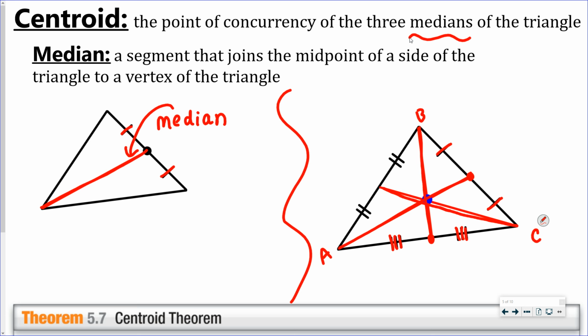From C to the midpoint, splits that side in half. Where those three medians intersect, that's called the centroid. All right, so these are all medians. And then these are still my vertices, but I would maybe label this one as a midpoint.